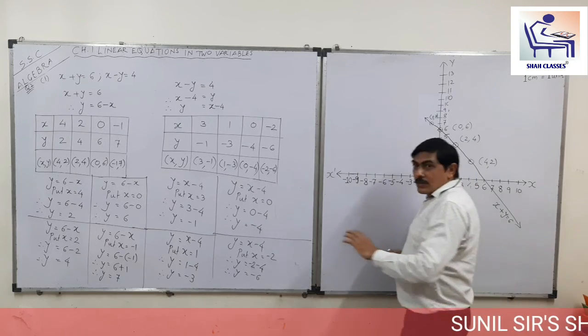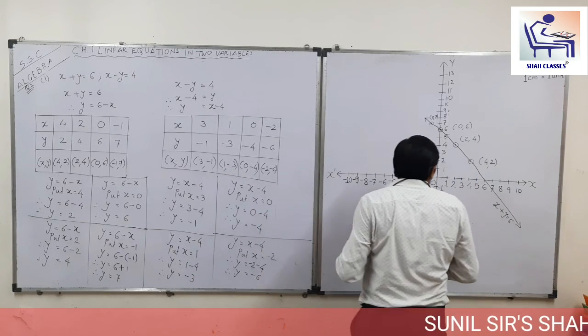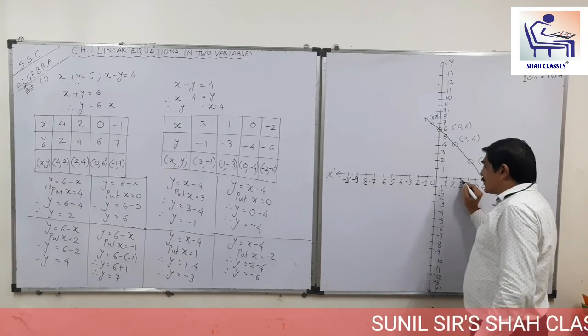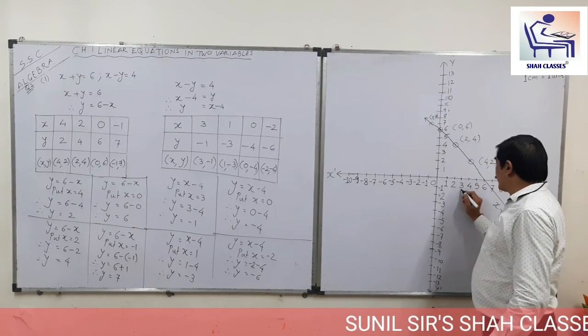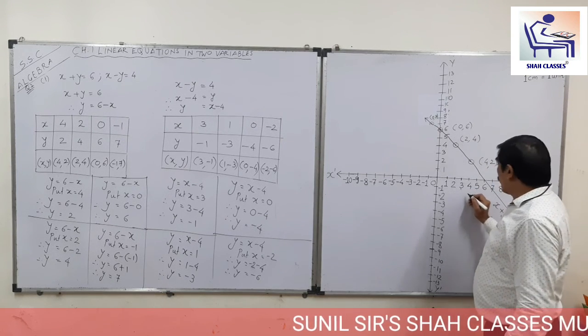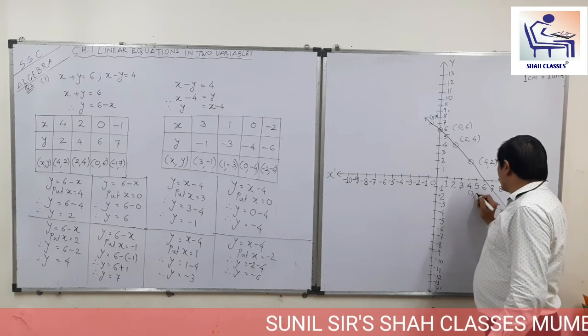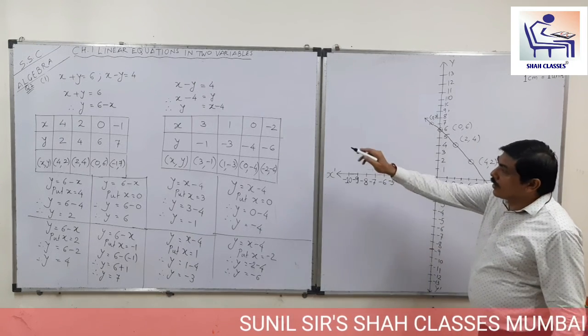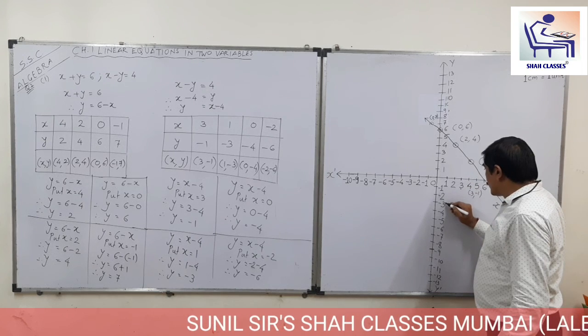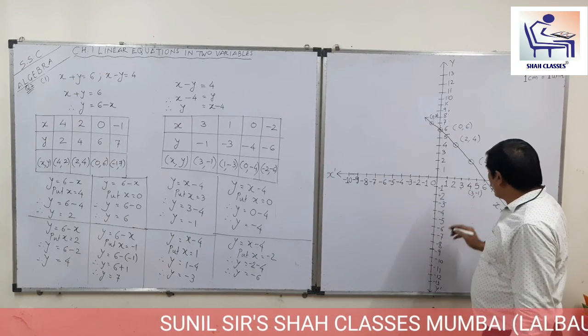So first is 3, minus 1. Here on the x-axis 3 and on the y-axis -1. We got this point 3, minus 1. Okay, now 1 and -3. 1, minus 3. We got this value here.